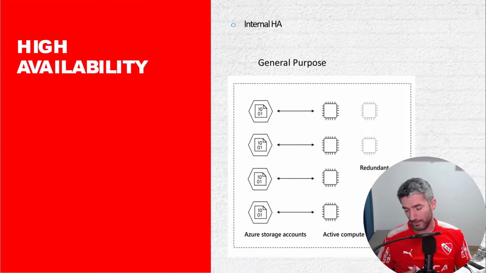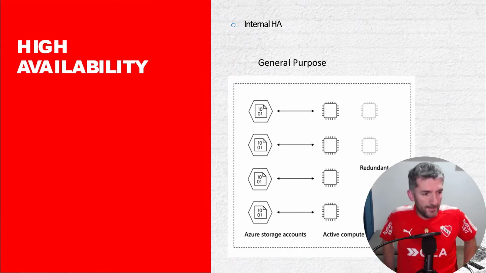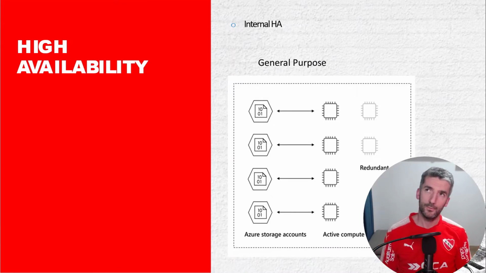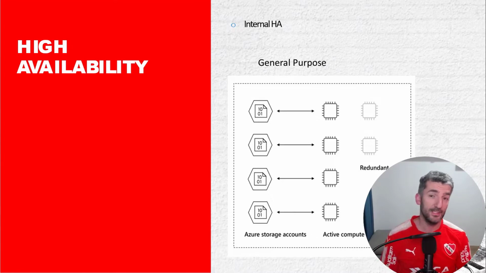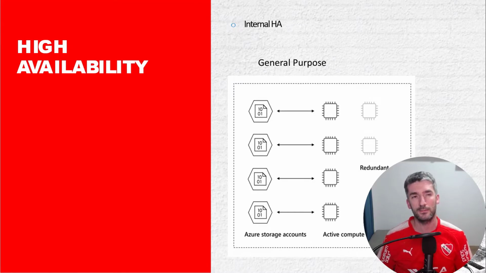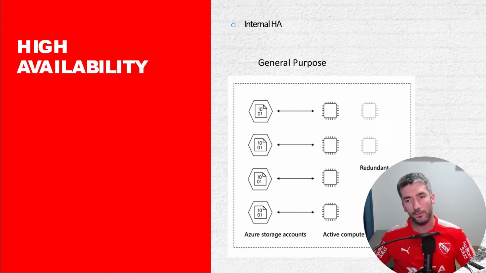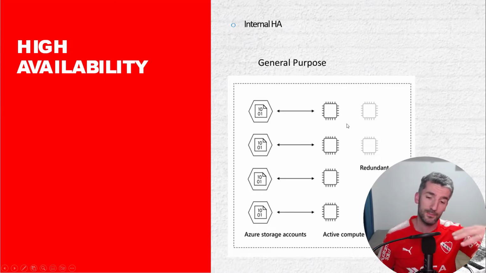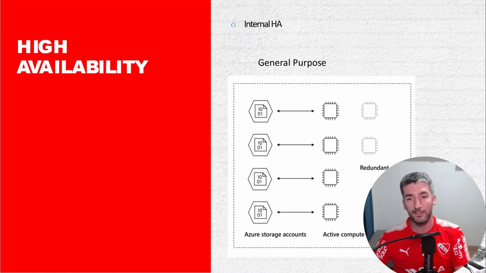Internal high availability. I mentioned before that we have something called internal HA. We talked about service tiers, so what are the differences in terms of HA between them? The first one is that in General Purpose, we have a pool of redundant nodes in which we have another service called Service Fabric that is monitoring your active nodes.